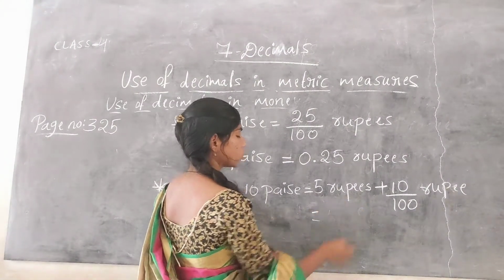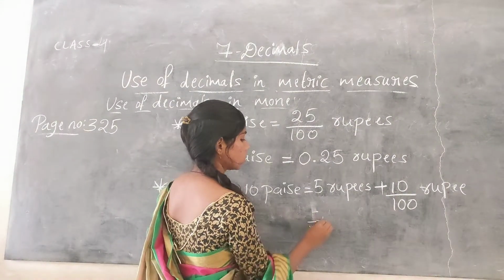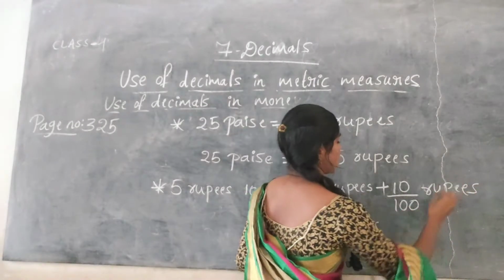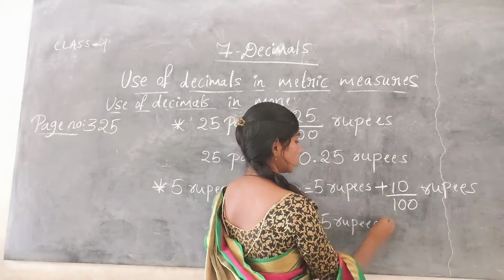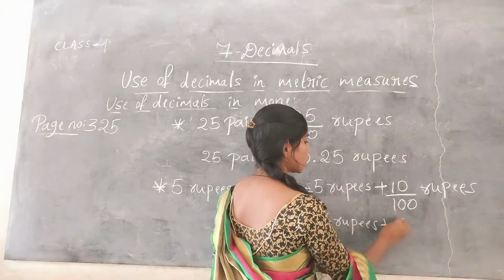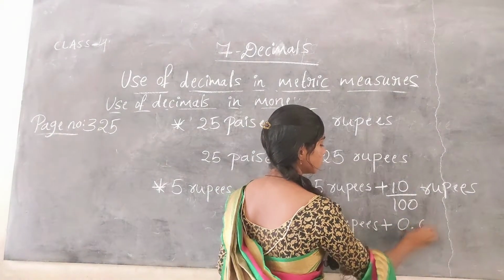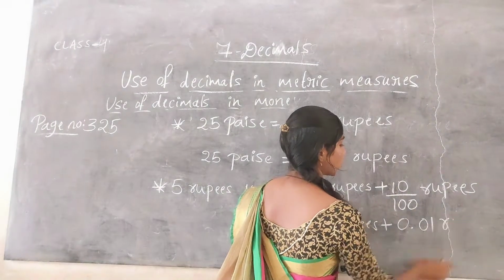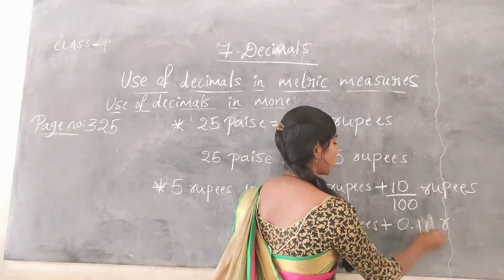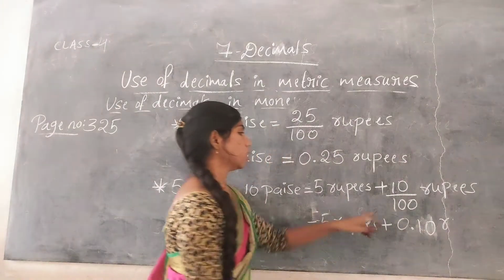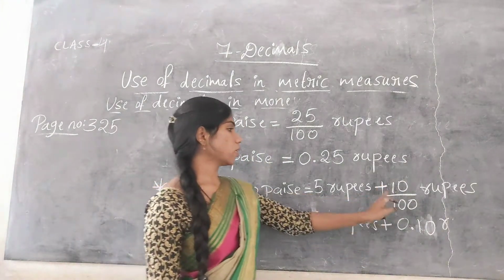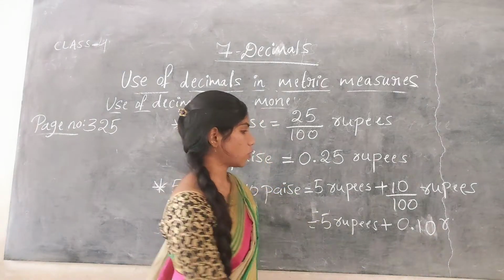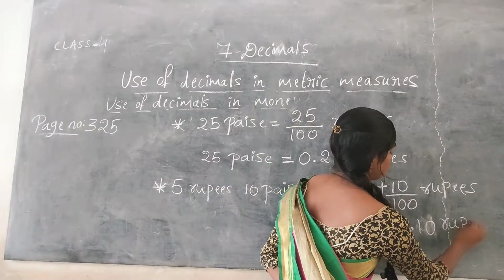So write 5 rupees as it is. Next, this 10 hundredth, in decimal we can write as 0.10 because the numerator is 10. So its decimal fraction is 0.10 rupees.